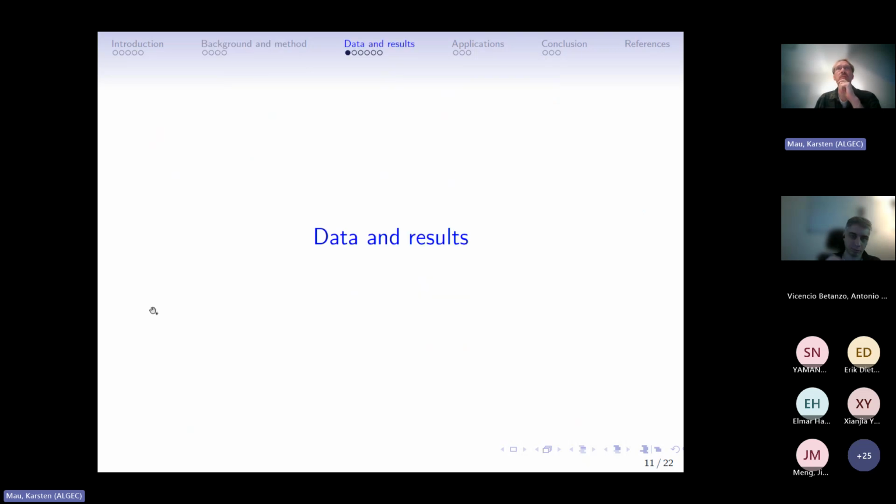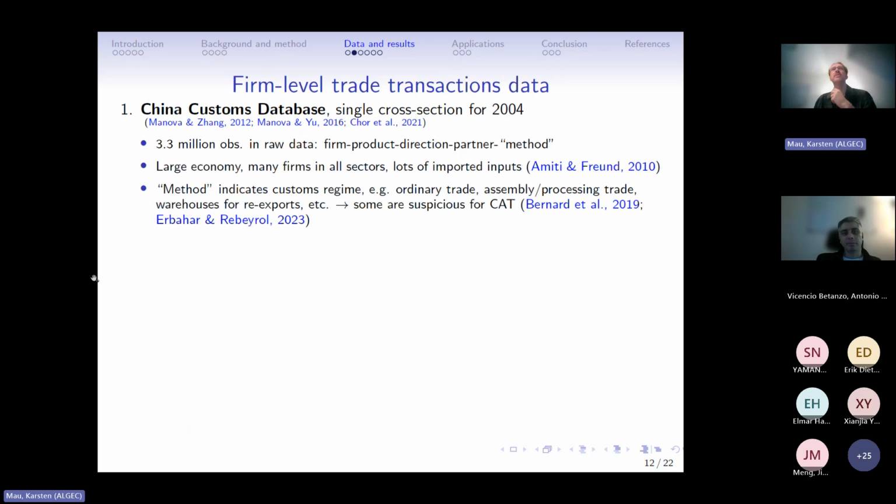product combinations. So let's see what kind of data we have been using so far and whether this is a good data set or not. Our training data set is basically a cross-section of firms that have been trading in 2004 that we obtained from the China Customs database.